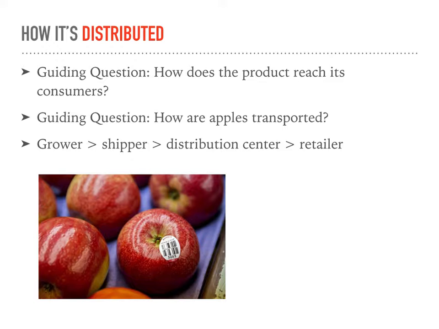Before they go into storage they are run through a machine that checks for bruising and things like that. Then they're stored. Once they're ready to be distributed, they go through that machine again and are checked and stickered. Then they go to a shipper who takes them to a distribution center, and then they go to the retailer.